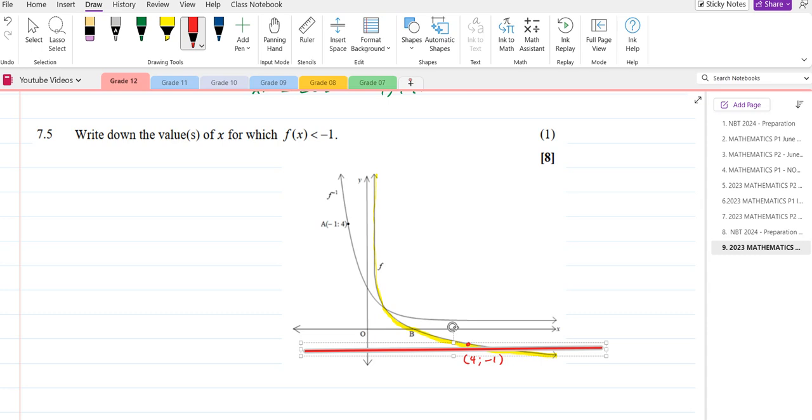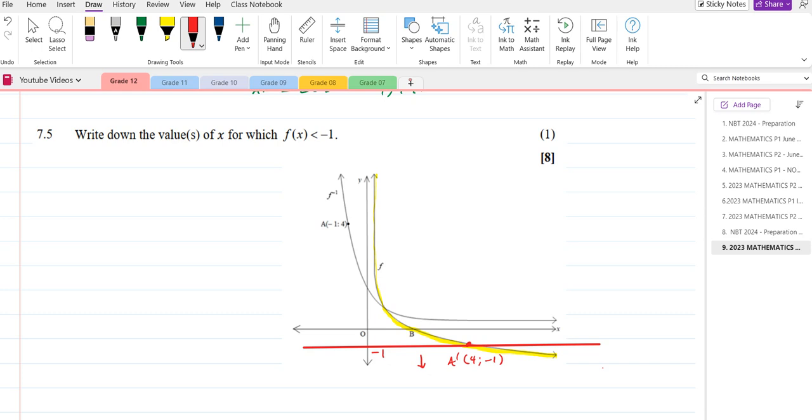What's the f of x? Y value. When the y value is -1 but less than that. So less than -1. Remember there's -1 here going through this coordinate which we found at the beginning. Now when it is less than -1, the value of x is greater than 4.